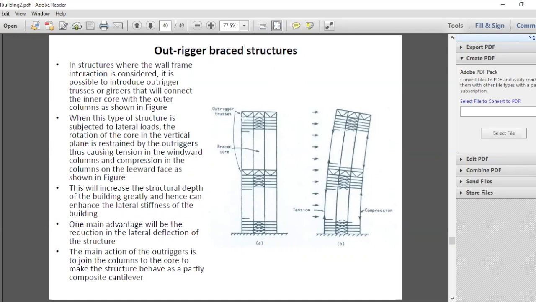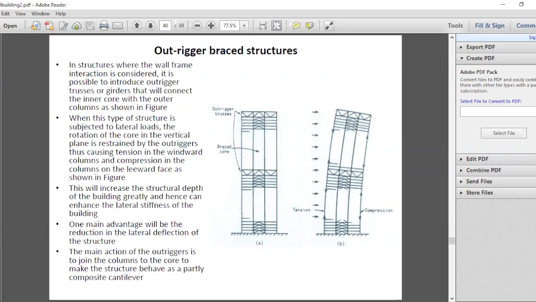Outrigger is a kind of a truss or a big beam, deep beam, that connects the core with the outer periphery. So here you have the core of the structure, here you have the outer periphery, and they are connected by these outriggers. So what happens is when the lateral loads act, without this outrigger, only the core will resist the lateral loads.